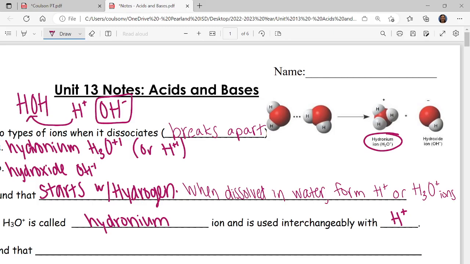So an acid is going to be anything that starts with hydrogen that when it dissociates, when it dissolves in water, is going to form these ions.